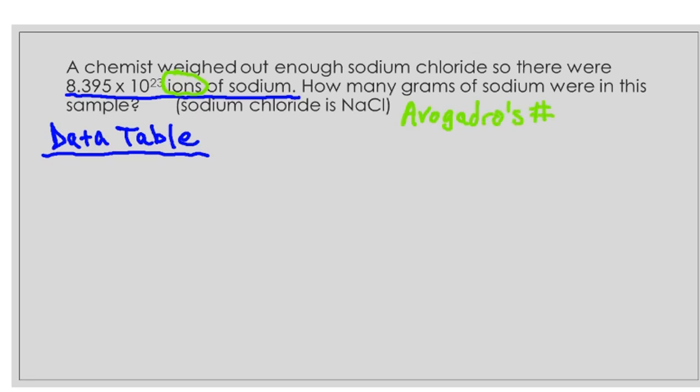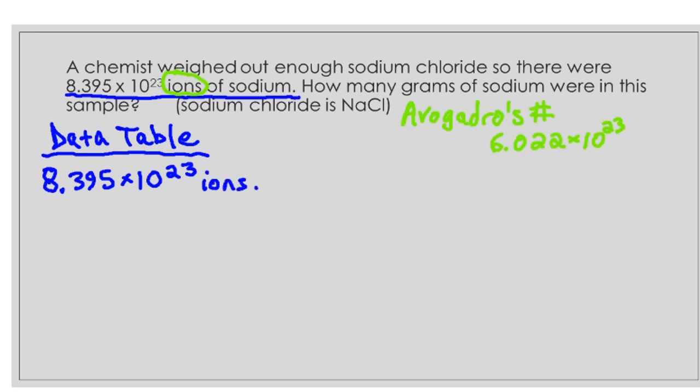which is 6.022 times 10 to the 23. So back to the data table, we have 8.395 times 10 to the 23 ions of sodium, which is Na.